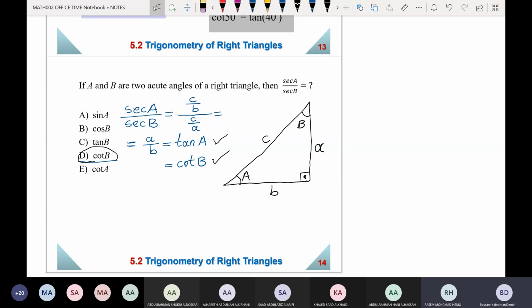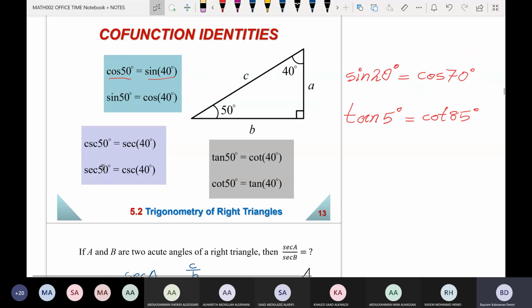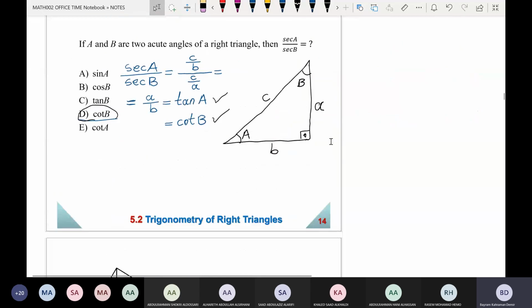Could you explain cotangent, doctor? Let's go back to here again. Tangent A equals cotangent B, right?